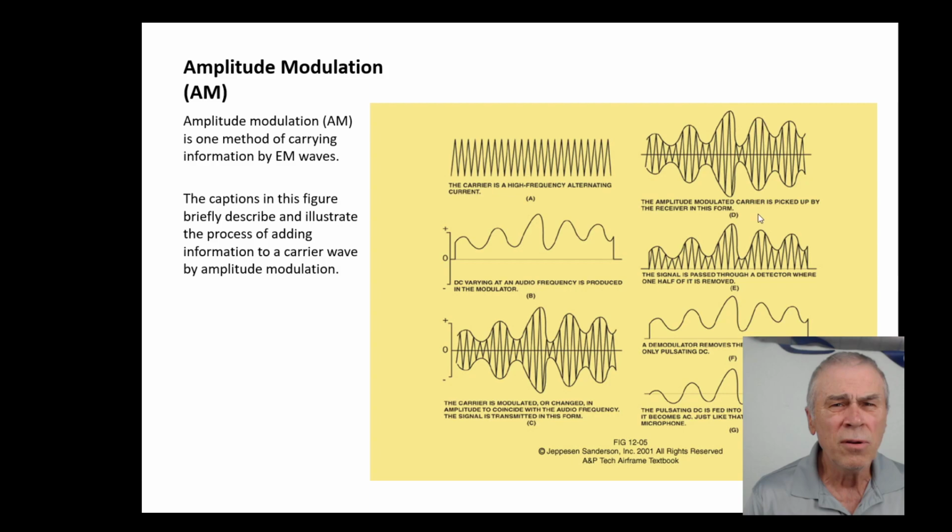And amplitude, it's kind of showing it here. It's a steady frequency, A, and that's the carrier wave. And apparently the amplitude modulated carrier wave is picked up by the receiver in this form because it is interposed with a variation wave, one that goes high and then low.